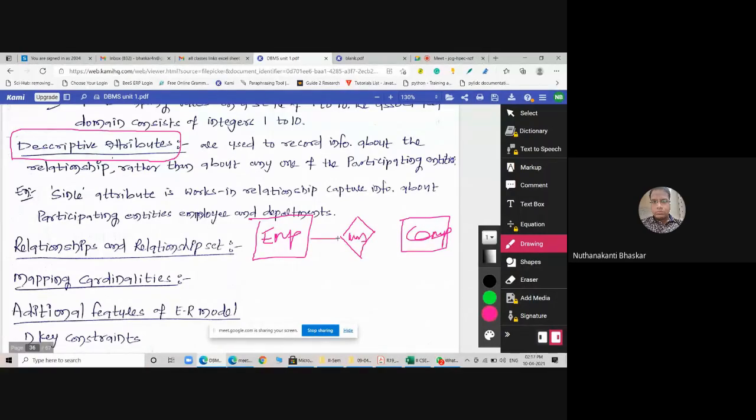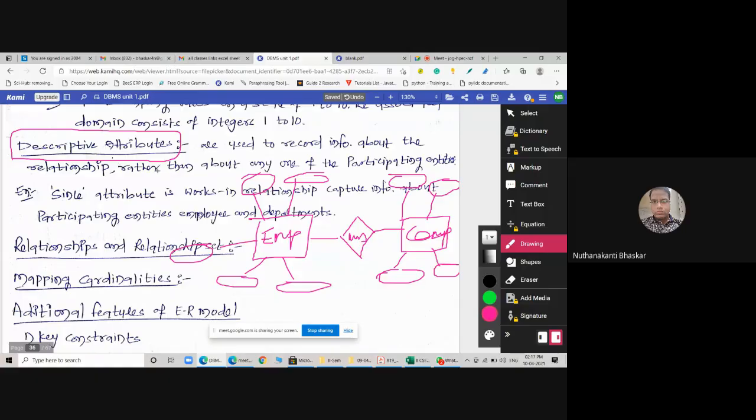Till now we know the attributes: employee ID, employee name, employee salary, employee designation, phone number, etc. Coming to the company: company ID, company name, products, etc.